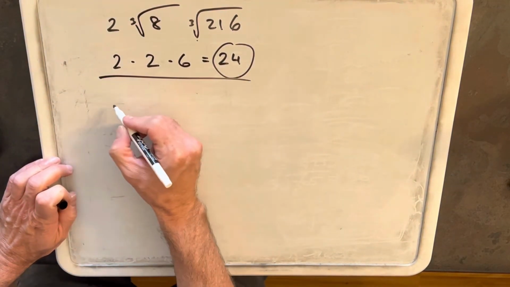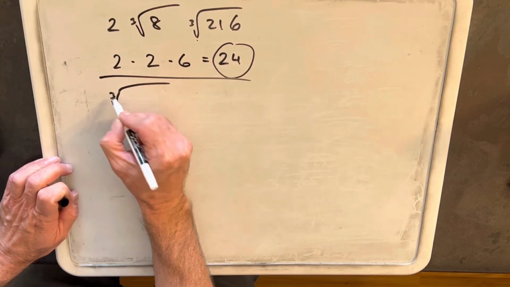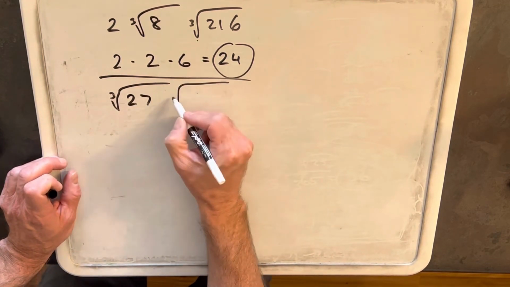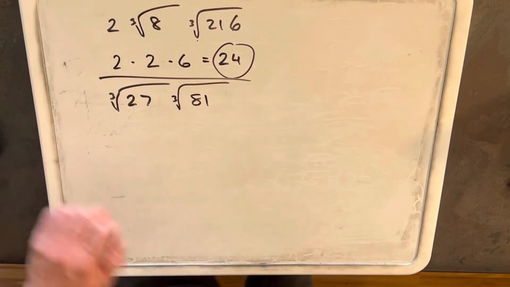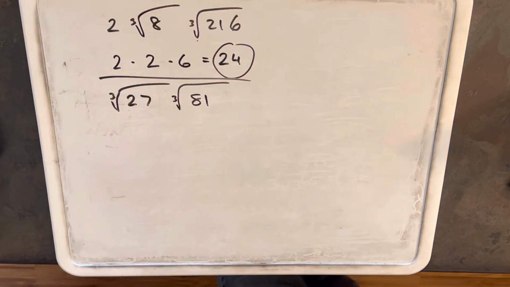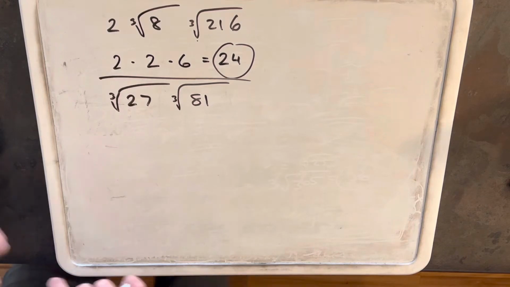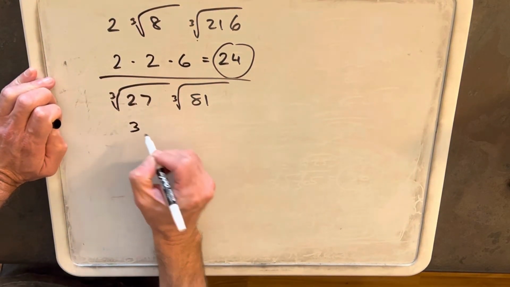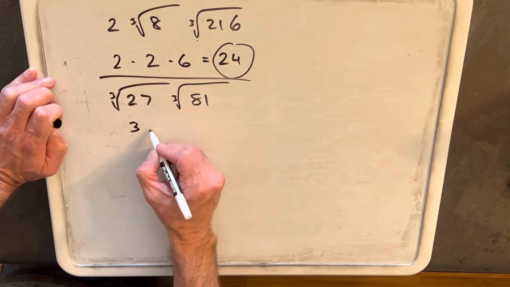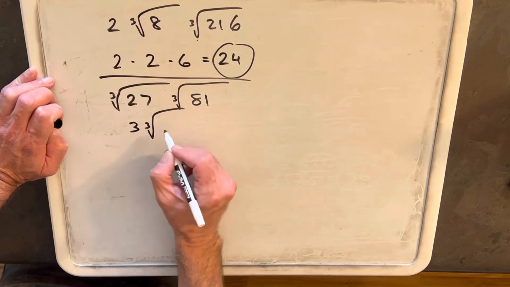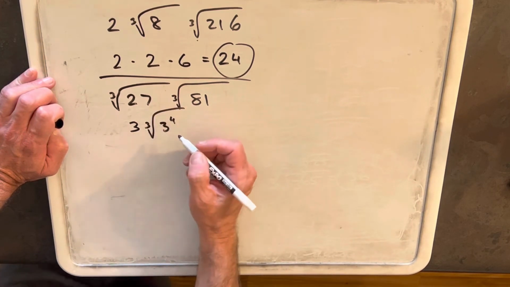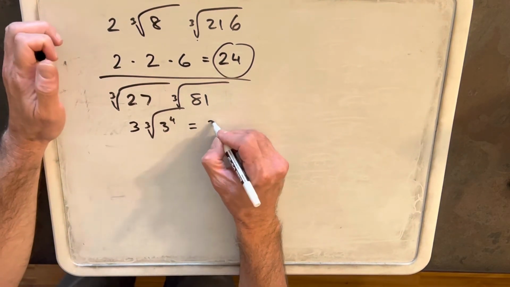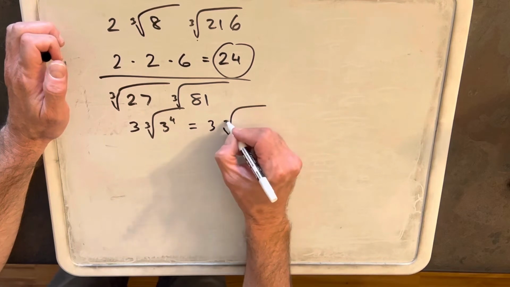Okay, next we have the cube root of 27 times the cube root of 81. Oh, that's not too bad, but it's a little twist. So cube root of 27 is just 3. Now the cube root of 81, we'll write this as 3 to the 4th is 81. Then we can break that down further.